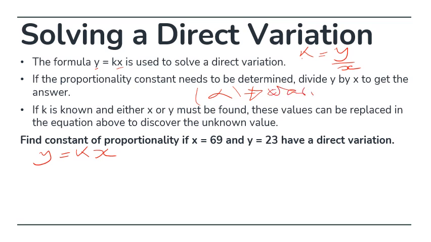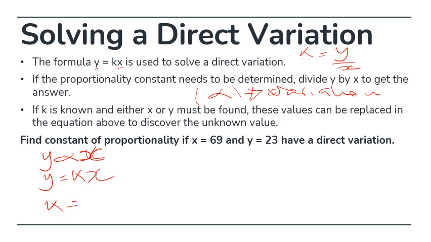We can represent this as y directly varies with x, which means we can say y is equal to, and here we introduce the proportionality constant, k, when we want to bring in the equal sign. In this case we have been asked to find the constant of proportionality, which is k.